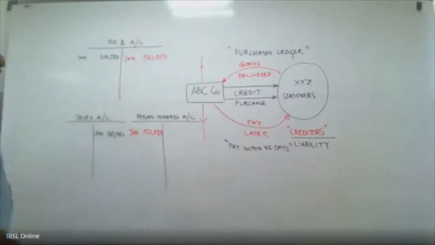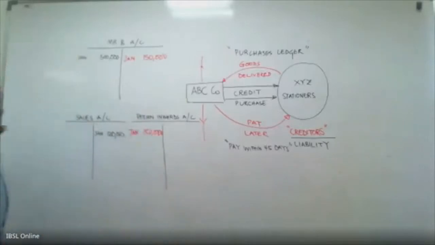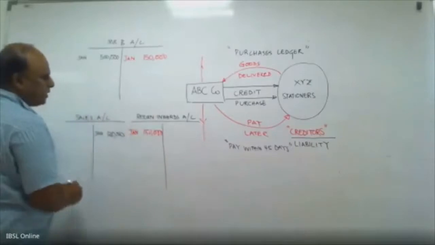Now, effectively, if you look at the transaction, you did a sale for 500,000 and 150,000 has been returned. So what is effectively your sales? It is 350,000. So what do we do when we are finally preparing accounts? We will net off the sales and the sales return.